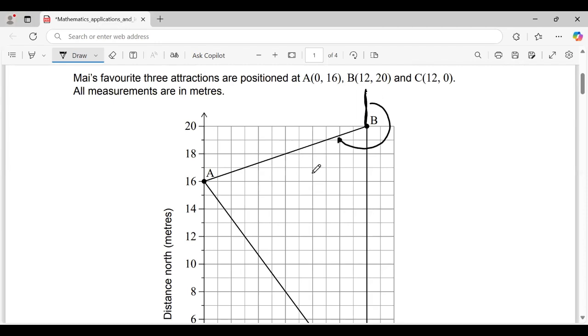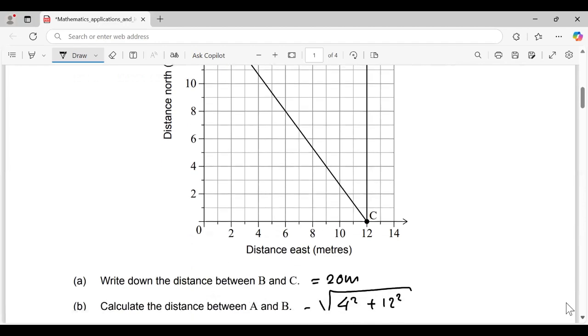We need to calculate this angle first, because if we get this angle, then this angle plus 180 is the bearing from B to A. So this angle is the bearing from A to B. We need to find the bearing of B from A first.